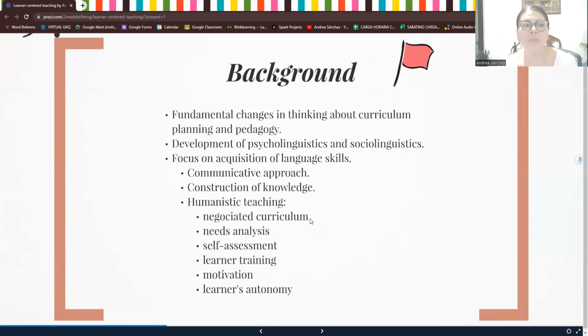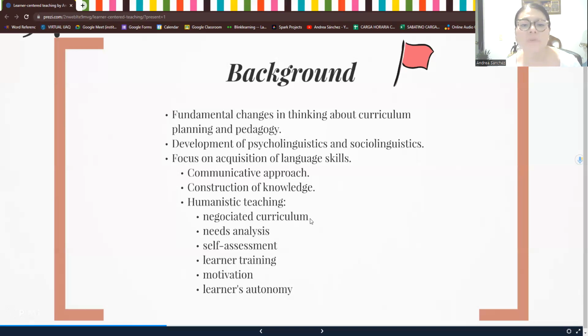For example, if I see that my group is mixed level, I should make a note about this and make sure that through the course, through the semester, I try to solve this problem. Or, for example, if I notice that their speaking is very low or that their reading abilities are not so sharp, maybe through some strategies, some exercises, some practice during my semester, I could help them improve on these skills. So that's a needs analysis, okay? Also part of the humanistic approach.